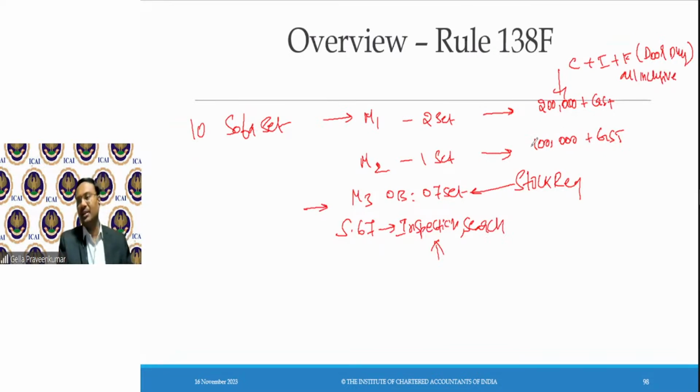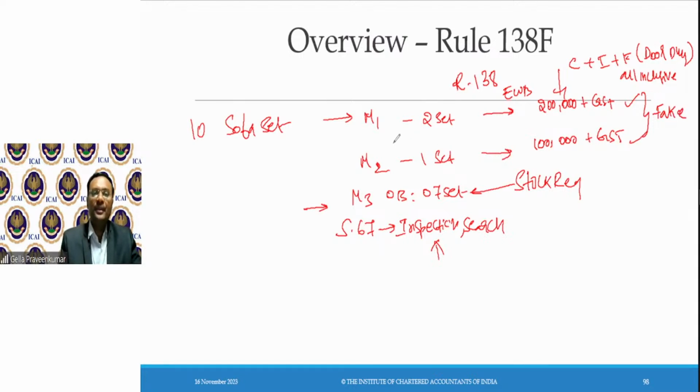Now, the GST officer will say, see, under Rule 138, for sale, e-way bill is required. For sale, e-way bill is required. I presume that you made a sale of this item without e-way bill. Probably this is a fake transaction.